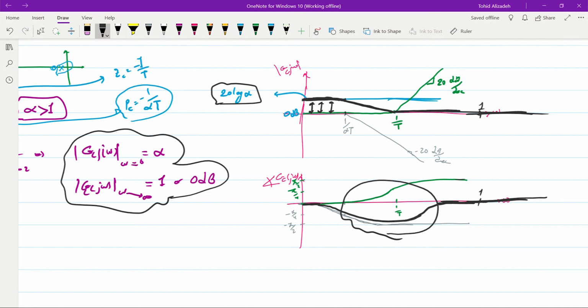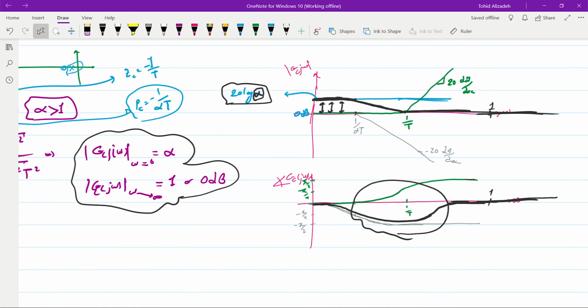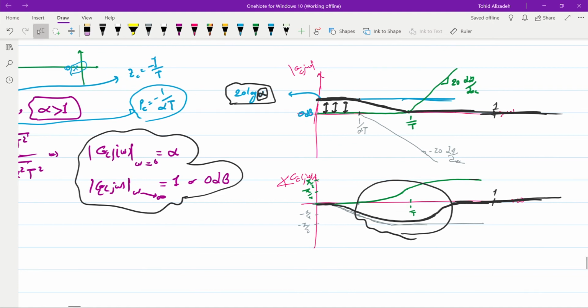So in designing the lag compensators, you need to come up with the value for alpha according to the design requirements. So it would depend on how much improvement you need to bring with the compensator. So from there, you will obtain a value for alpha with this 20 logarithm of alpha.